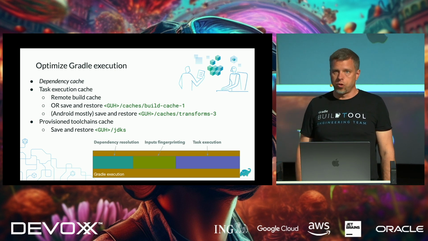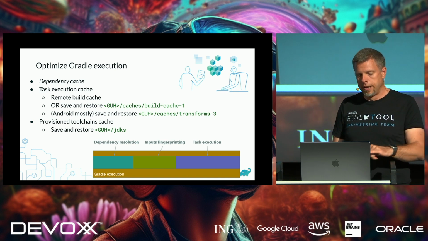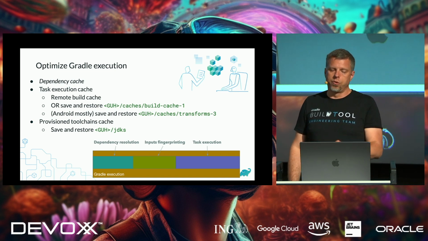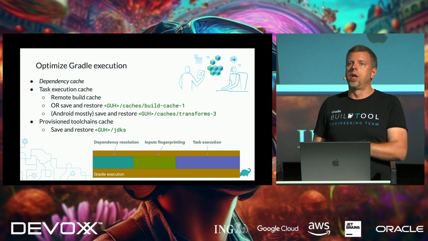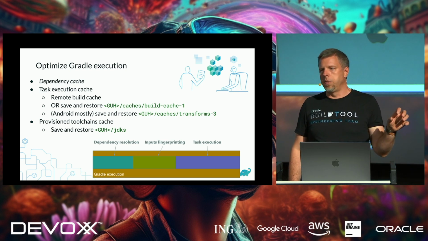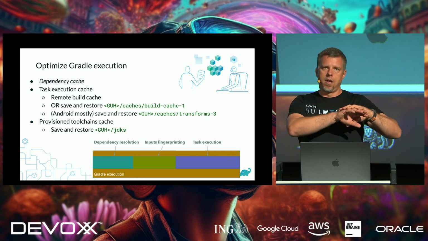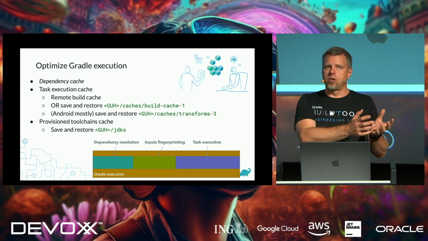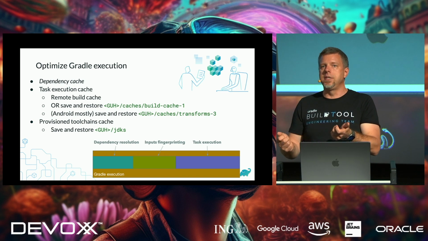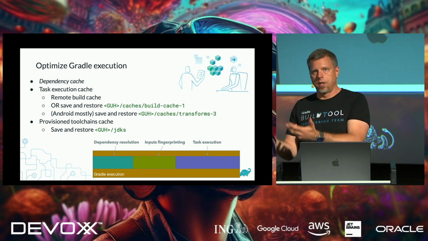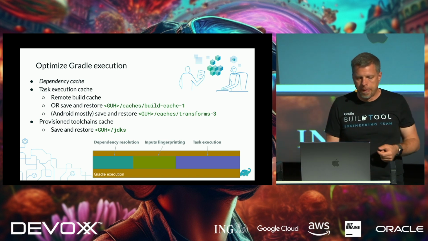Again, that one is a version, so it might go up to 2 or further depending on Gradle versions. And for Android, you also want to cache the transforms folder. Android uses a lot of a Gradle build tool feature, which is called artifact transform, which allows them to effectively take an AAR, which is an Android archive, and then extract the different bits and pieces for having different build logic be tailored to those.